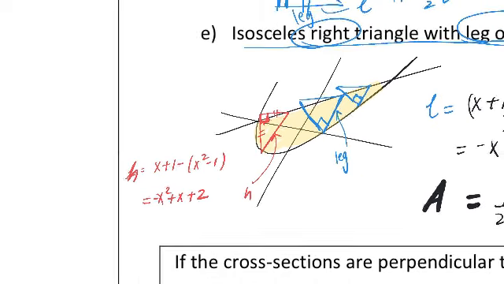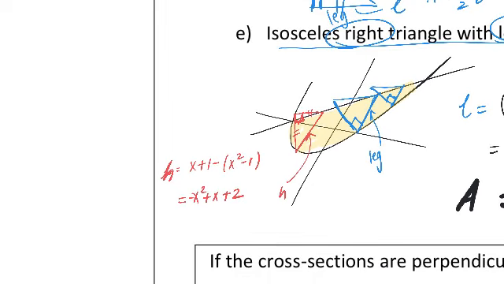So if you have that situation, you use the formula that the hypotenuse and the area for an isosceles triangle are related by A is equal to H squared over 4. The reason is because if you have a right angle here, this is 45 and this is 45. So if you say sine of 45 is equal to the leg divided by the hypotenuse, then the leg is going to be equal to H over rad 2.